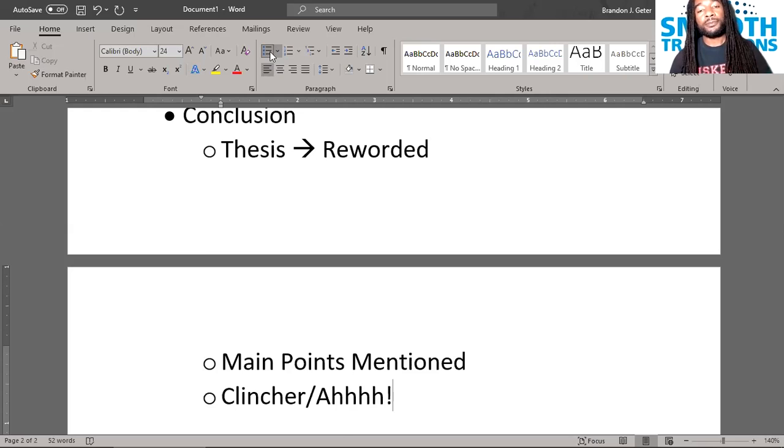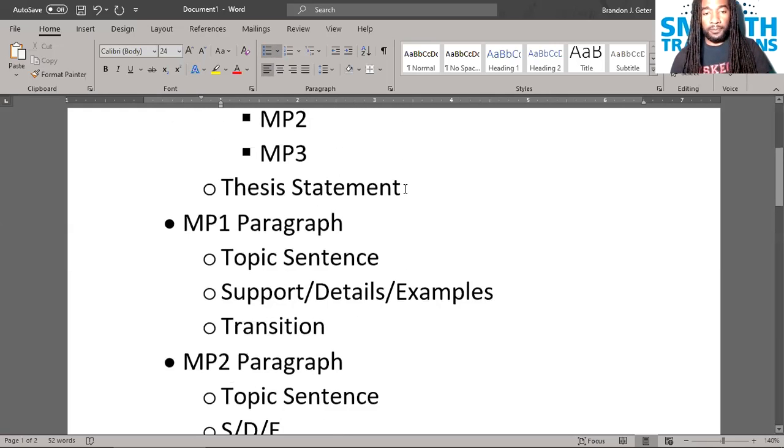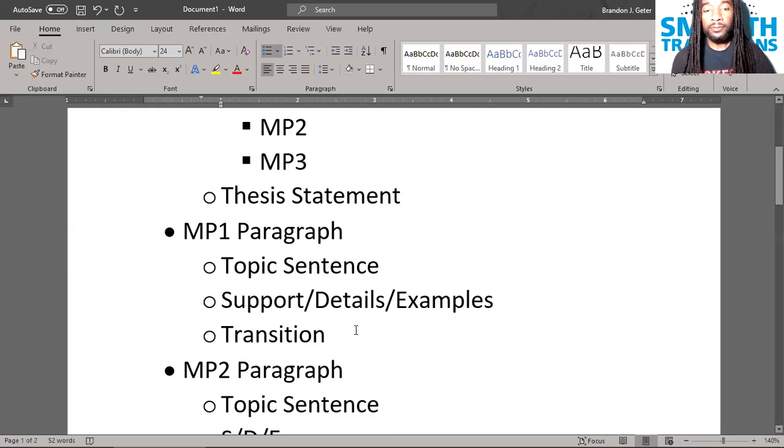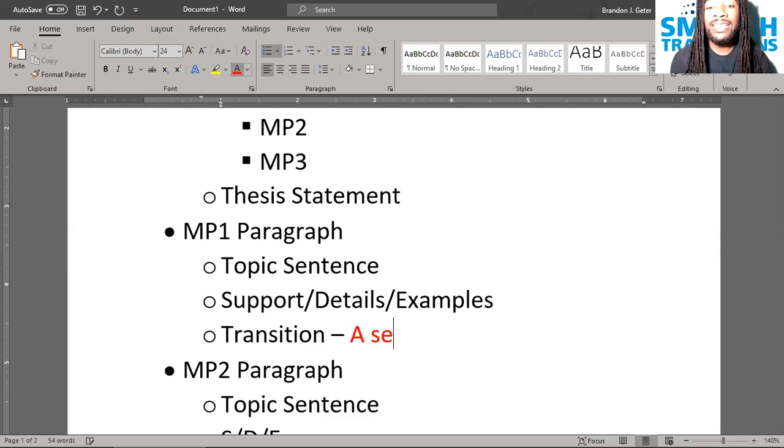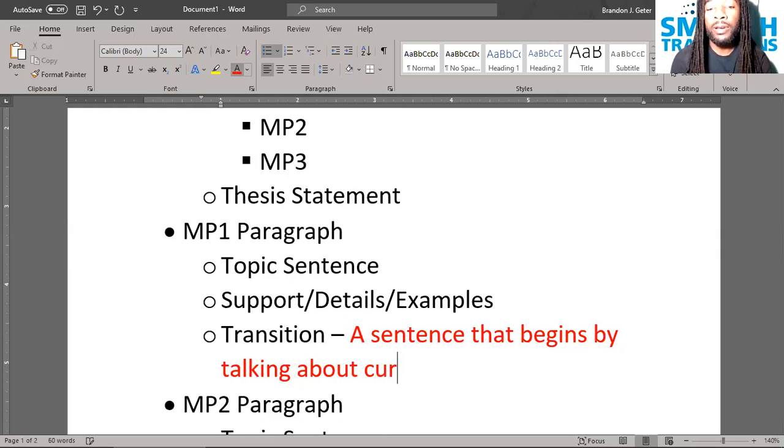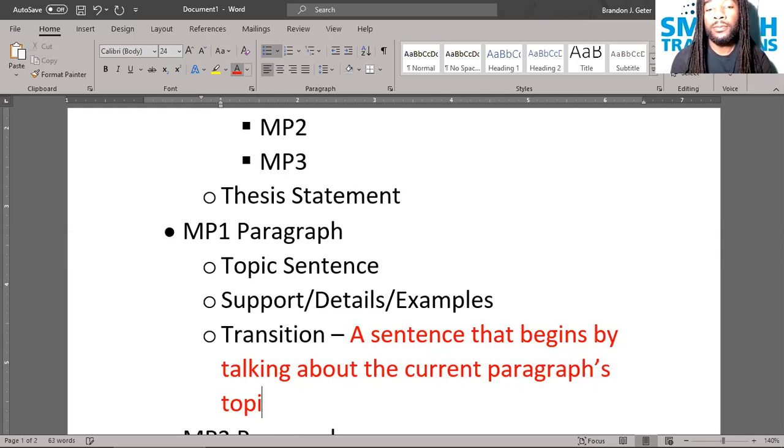All right, so let's go back up here to the transition. A good definition of a transition, the kind of transition we're going to use, is a sentence that begins by talking about the current paragraph's topic and ends talking about the next paragraph's topic.